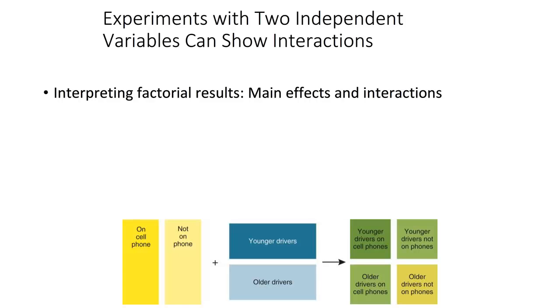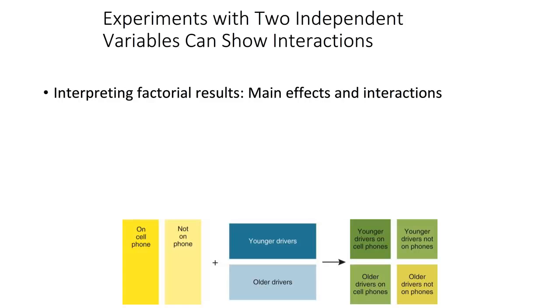So with these groups, instead of simply asking, is there an effect of cell phone use on braking time, or is there an effect of age on braking time, we can actually say, does the effect of cell phones on braking time depend on age?